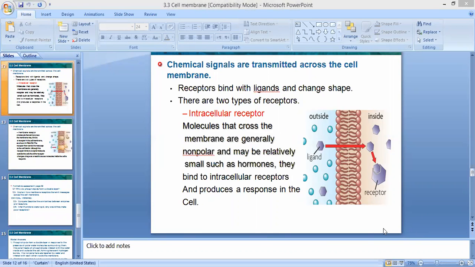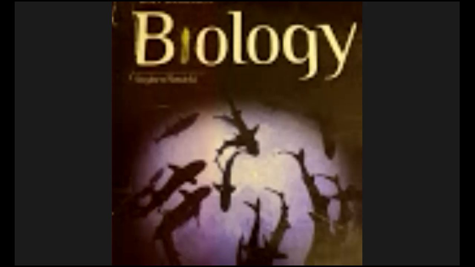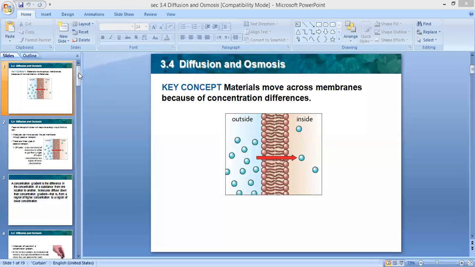Now, the last section, which is diffusion and osmosis. We will study it very soon. Okay, we said that materials move across the membrane because of concentration differences.